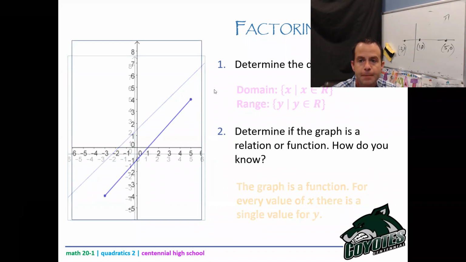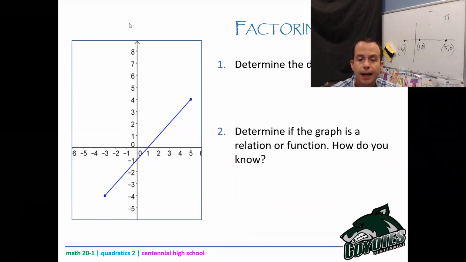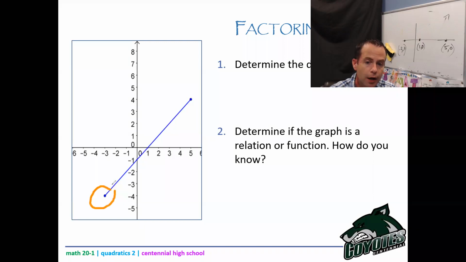This graph here, notice the difference: this does not spill off the page, but it has a distinct start and stop. When we're looking for the domain, let me put a straight line there for you.